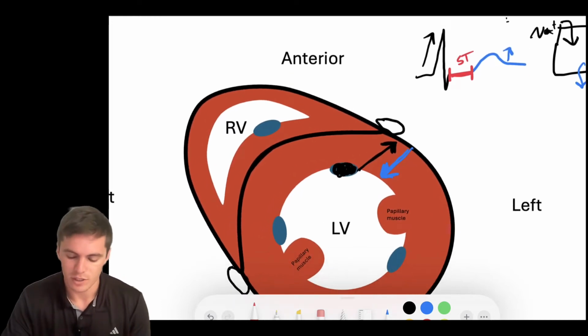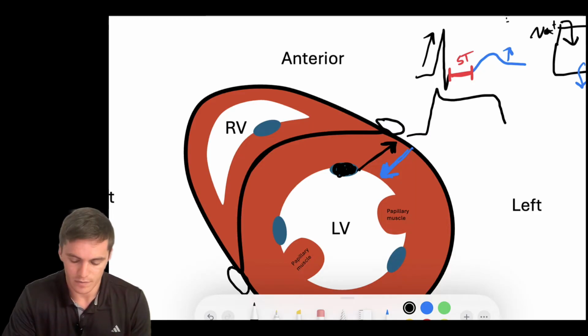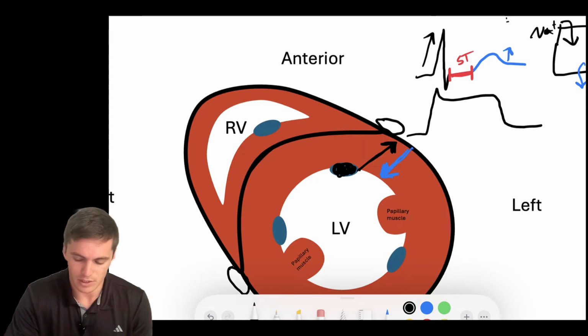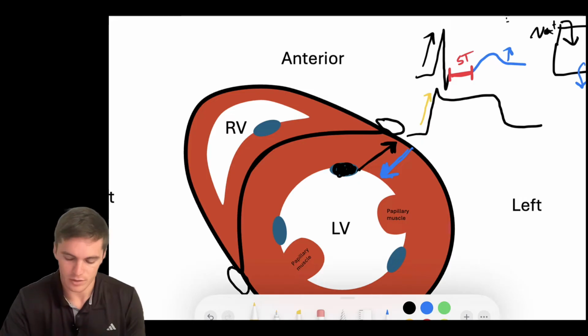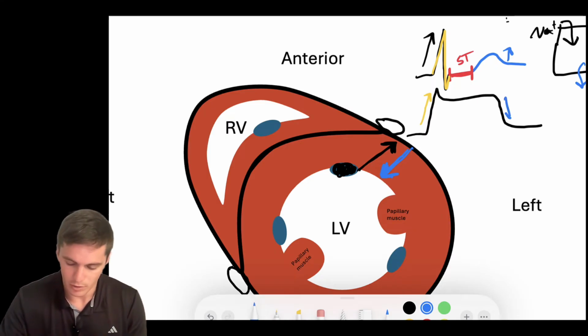So first thing we're going to do is overlay the action potential, right? So here's an action potential. We've got depolarization, and then we have repolarization, right? That's our cellular action potential. Depolarization creates this QRS complex, and then our repolarization wave creates the T wave.